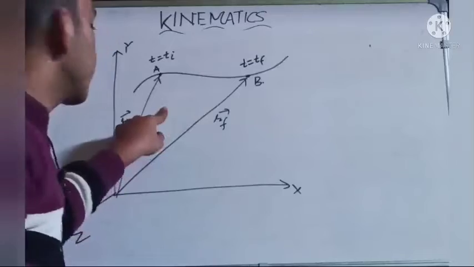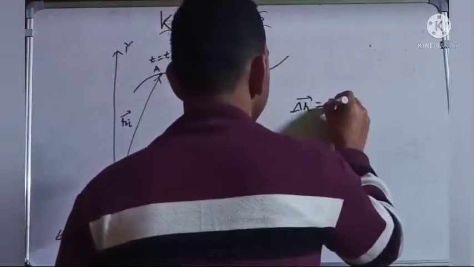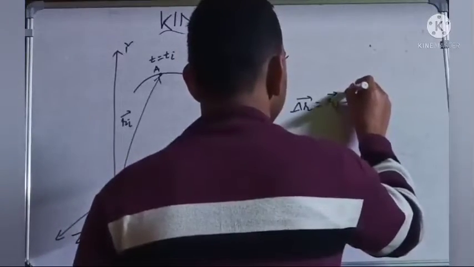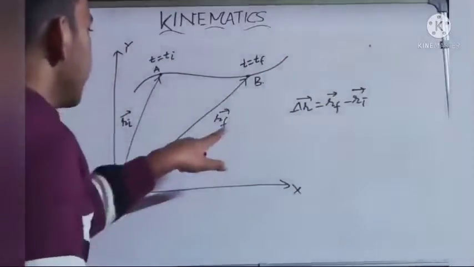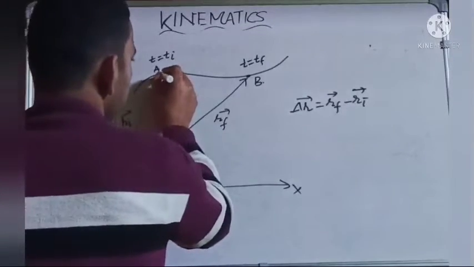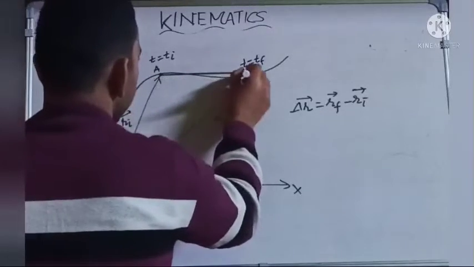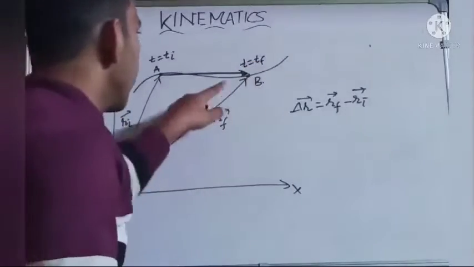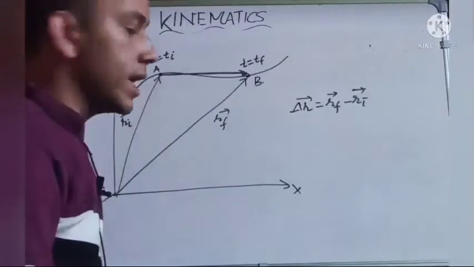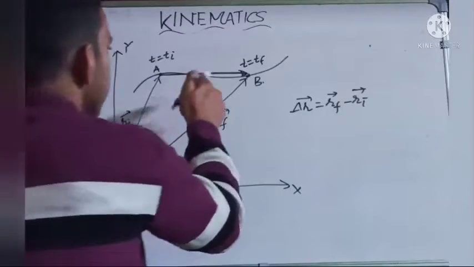Now to denote the displacement vector, we have already seen it is given as Rf vector minus Ri vector. Now Rf vector and Ri vector are drawn in this way. We have already seen this vector. It will be pointing towards B and the tail is at point A. We can see from the triangle of addition also that this is correct.